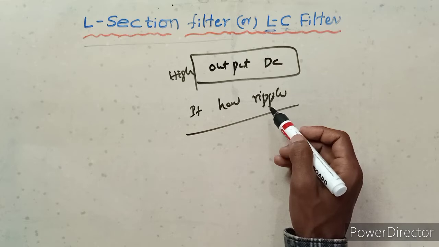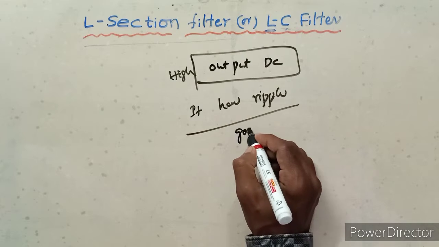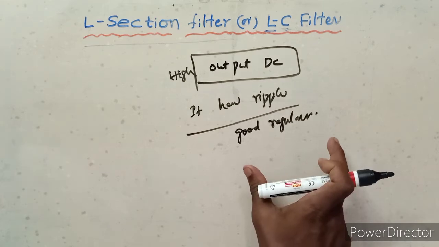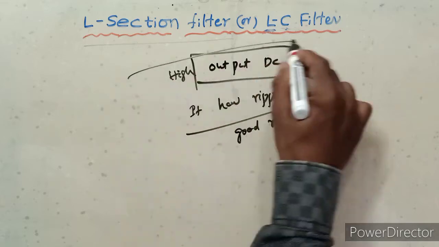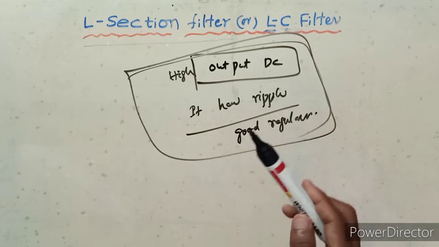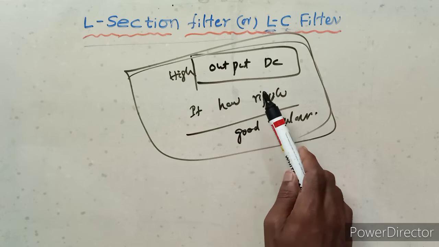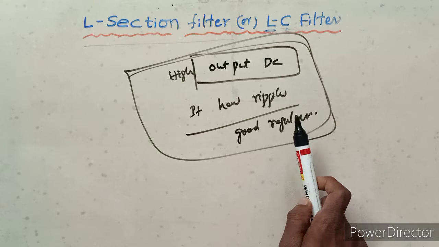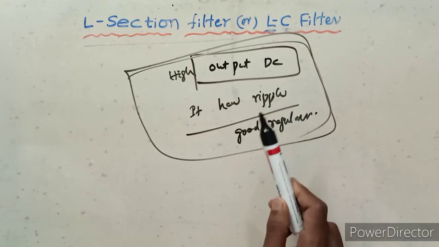It has low ripple factor as compared to series inductor filter and shunt capacitor filter. It has very good voltage regulation because it has almost pure DC. So this filter is very much used for commercial purpose to get almost pure DC.